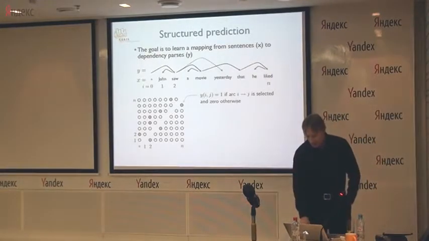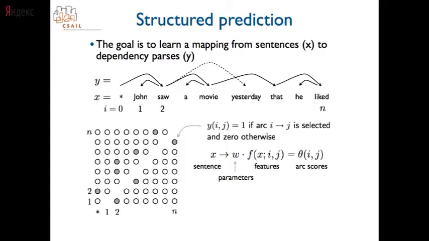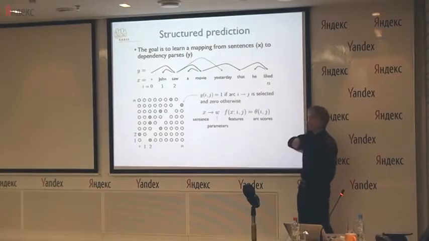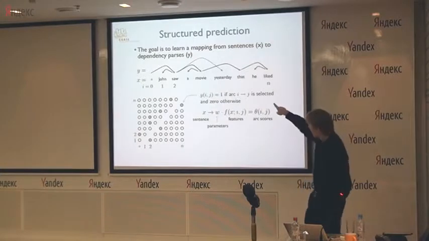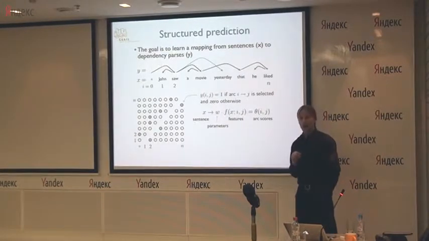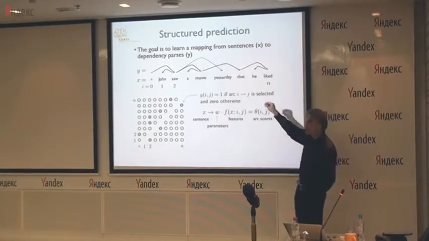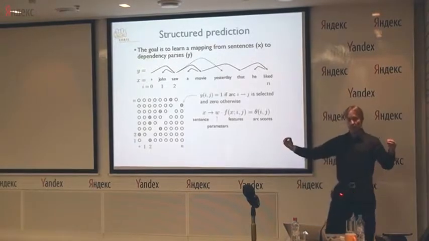Then we have to be able to score those structures given a sentence. And the scores here map the input sentence to something that we can score the structures with. So in this case, we are looking at scores that simply assign a value to each directed arc between any two words, given the input sentence.